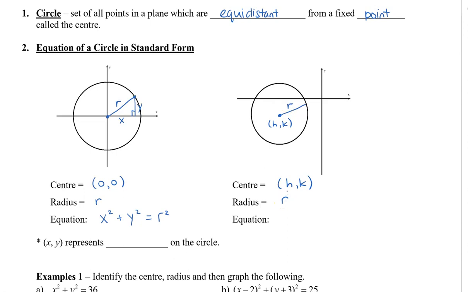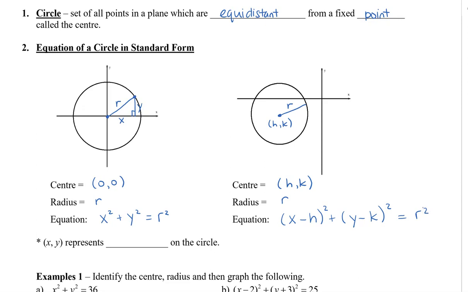Now, if we think about transformations from previous chapters, we can see that the circle has moved h over and translated k down. So we can say that we have (x minus h) all squared plus (y minus k) all squared equals r squared.